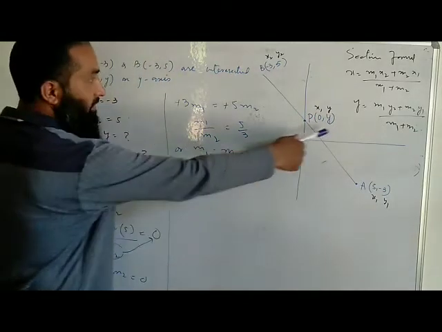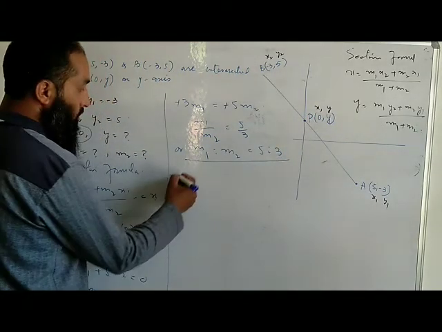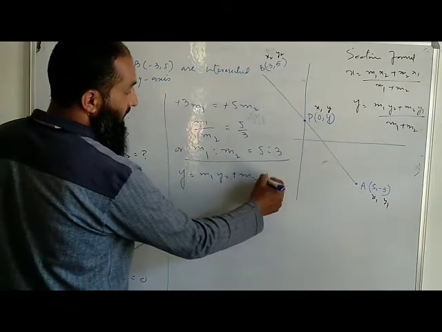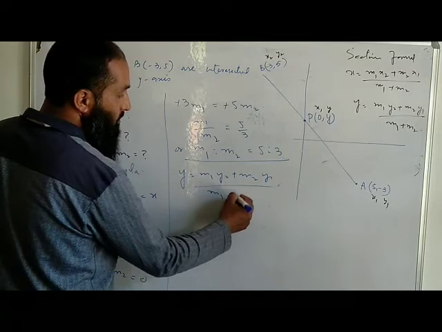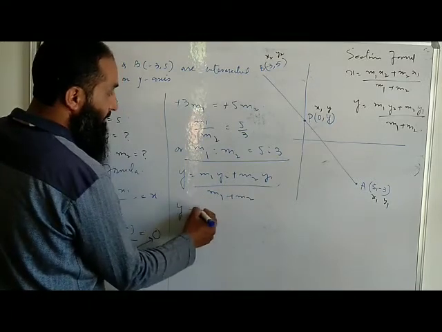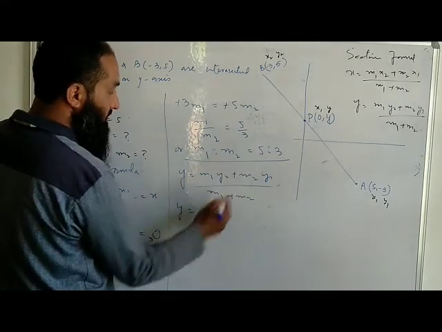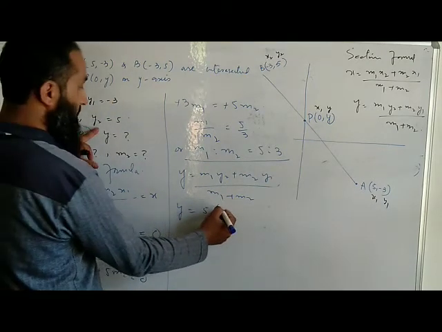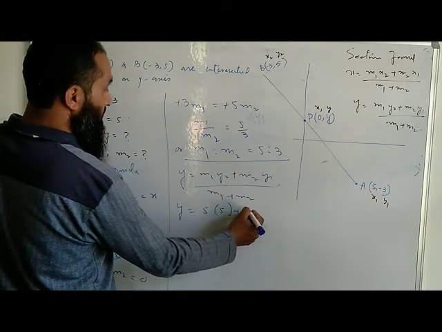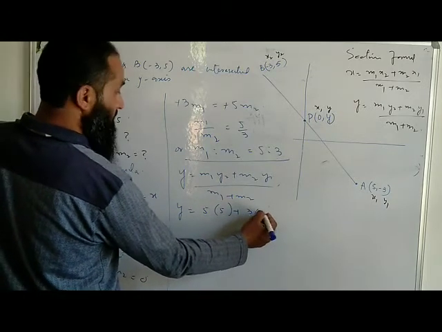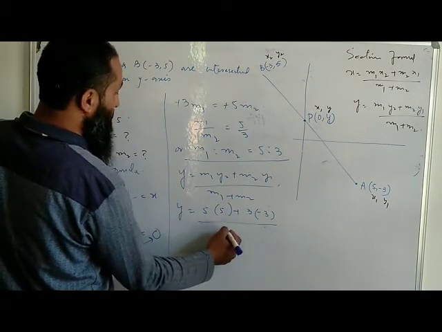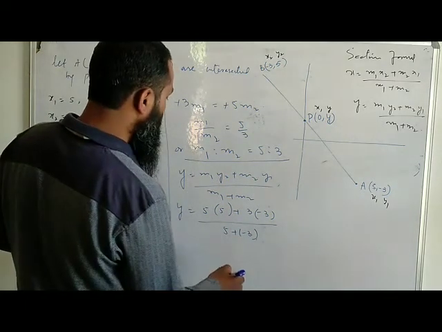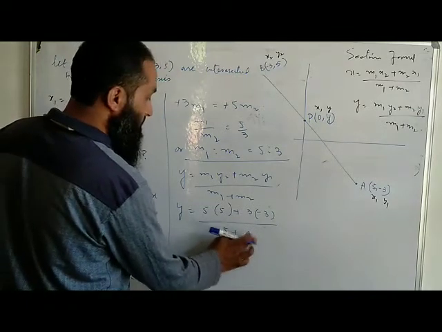Here we have to find the y. So y is equivalent to (m1 y2 plus m2 y1) divided by (m1 plus m2). We now have m1 and m2 here. m1 is 5, y2 is here 5, m2 is here 3, y1 is here -3, and m1 plus m2 is 5 plus 3.